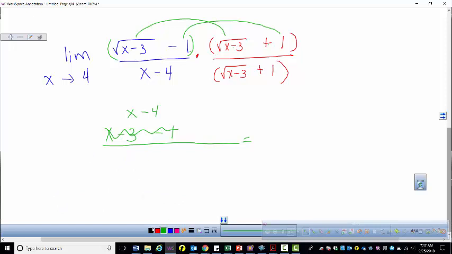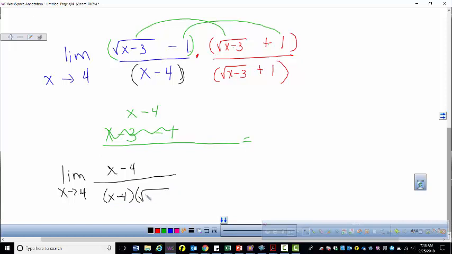So then I'm looking at the limit as x approaches 4. My numerator was just x minus 4. My denominator, I'm just going to take this term times this term. I'm not going to multiply it, I'm just going to write it as they're being multiplied. So x minus 4 times the square root of x minus 3 plus 1.